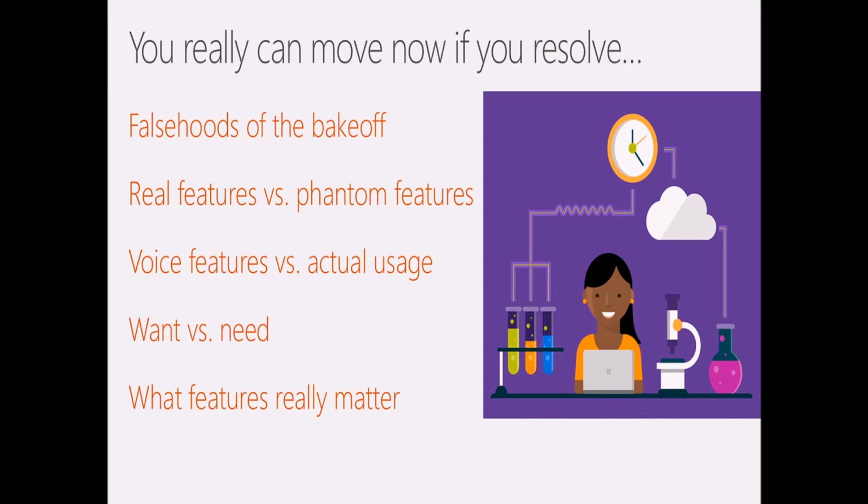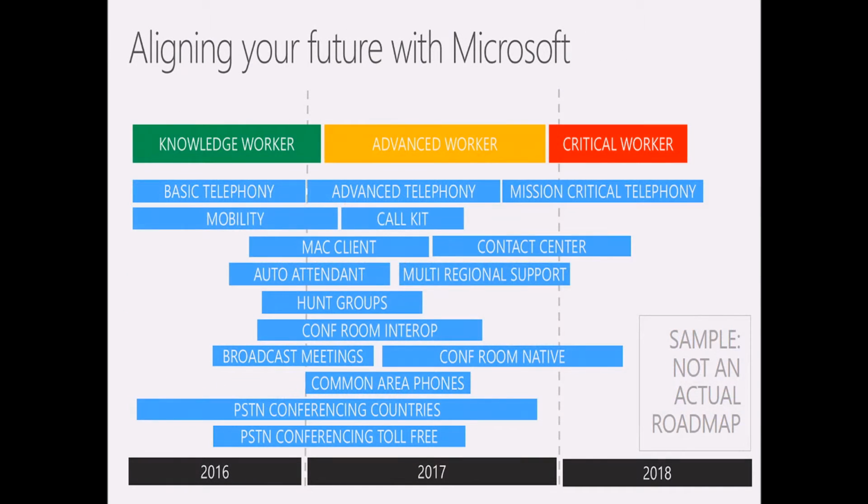And that's what I mean by phantom features: there's all these features that exist in there that, if you look at it in a bake-off, it doesn't look too pretty, but it doesn't take into account all the other things that it does. So you have to wrangle with that. All those falsehoods of the bake-off are really, really important for you to resolve, and you really want to do that early on and kind of neutralize that argument.